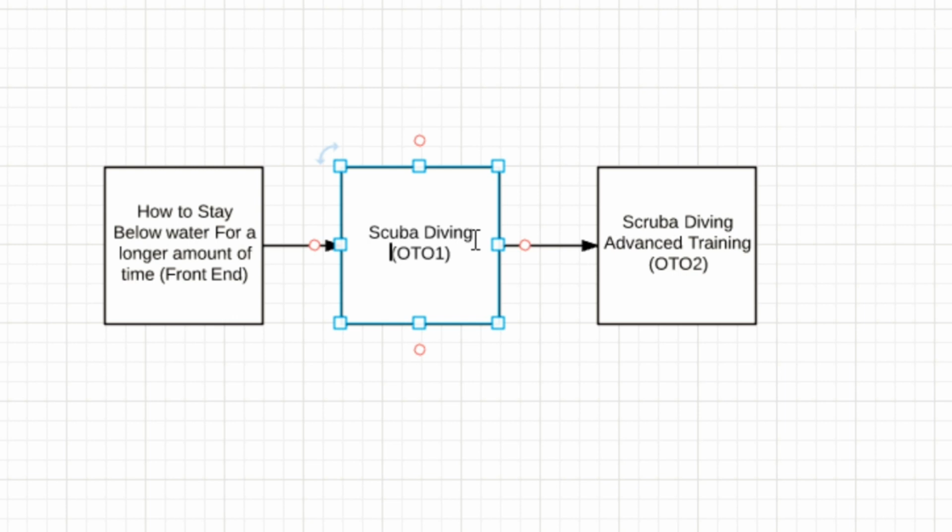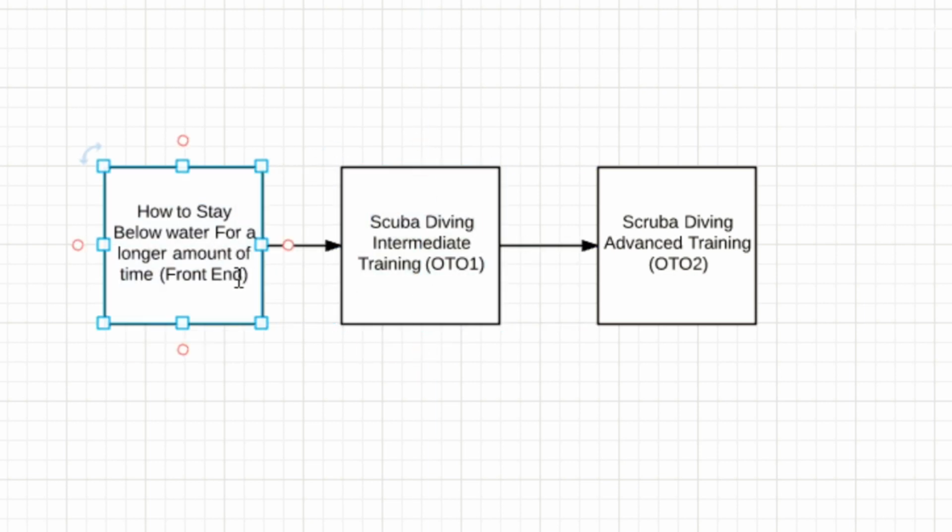So maybe OTO1 could be scuba diving, not basic training, but intermediate training. And then maybe the front end offer could be scuba diving basic training.